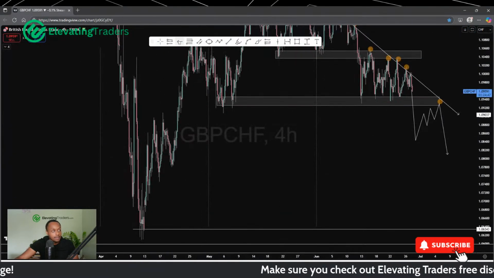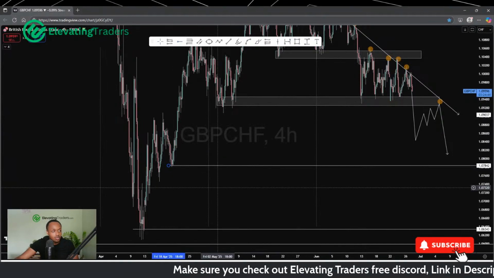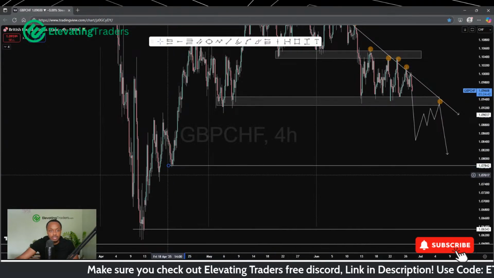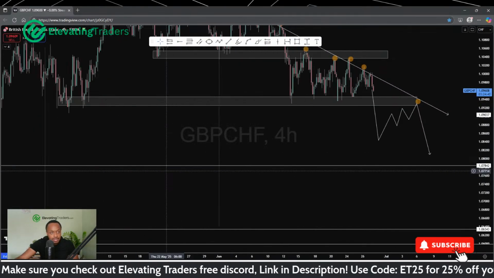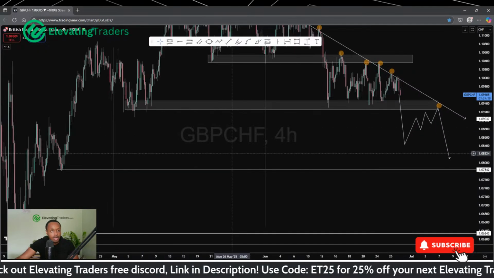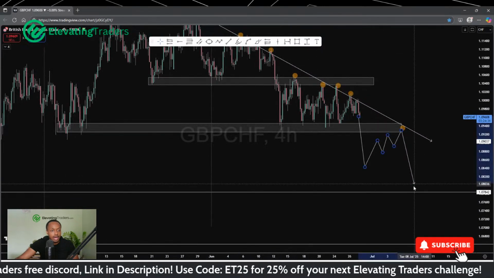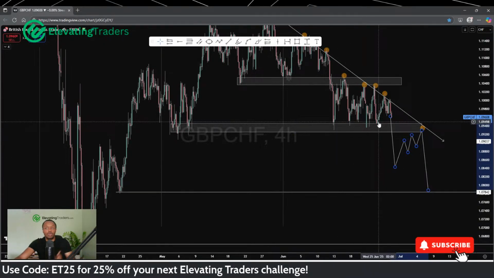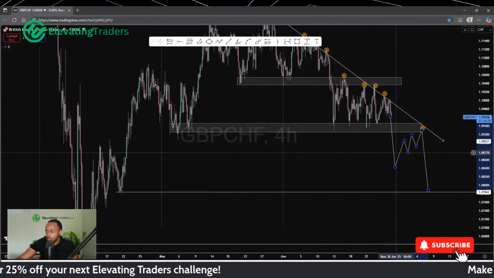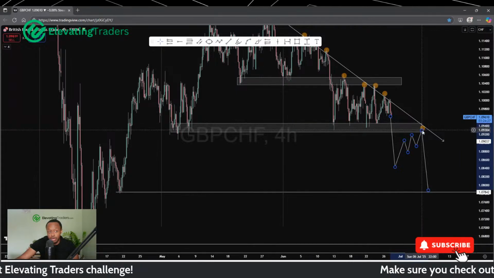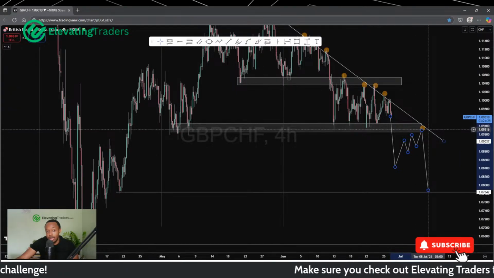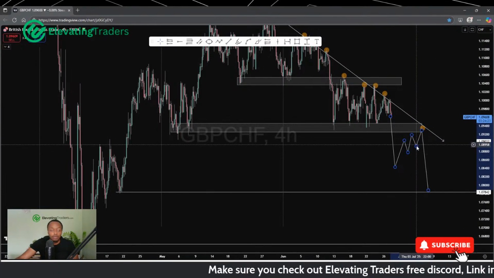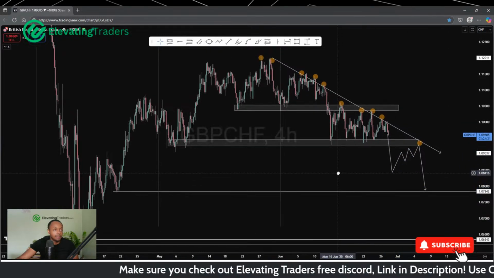Maybe that is a long-term target price is working towards. I'll probably keep an eye on this low here, 1.078. That looks like a strong area of support to me. I think that could be a healthy target to have. But yeah, if pound CHF is going to continue to sell, we need to see this support break, and then we can use that to our advantage and hopefully find a retest of 1.093 or 1.094 to continue the trend.